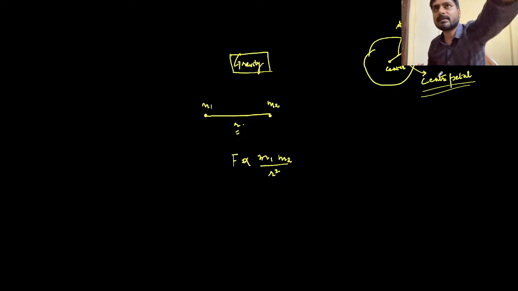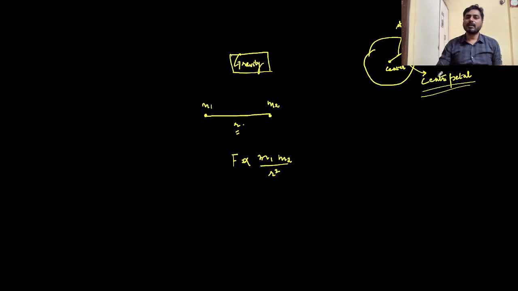In such scenarios, there will be an outward force also. So in any circular motion, there are two forces involved. One is the center seeking force, called the centripetal force, and there is an outward force which is called the pseudo force, and this force is called the centrifugal force.